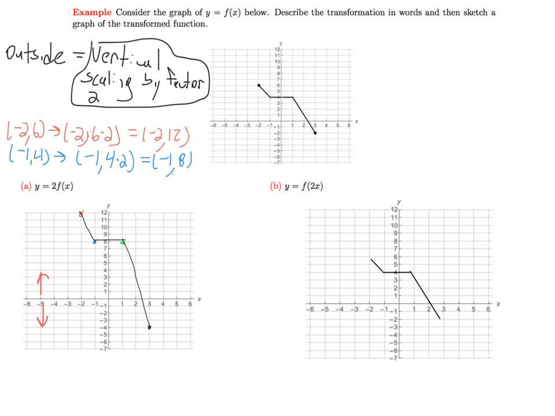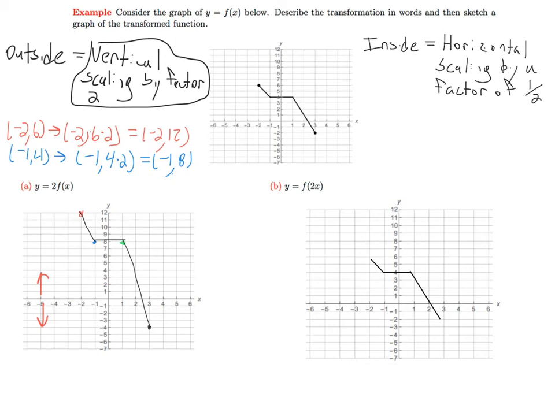In part B, we now are multiplying by a factor of 2, but this multiplication is happening on the inside. So this inside change is a horizontal change. And since we're multiplying by 2, this is going to be a horizontal scaling by a factor not of 2, but of 1 over 2.